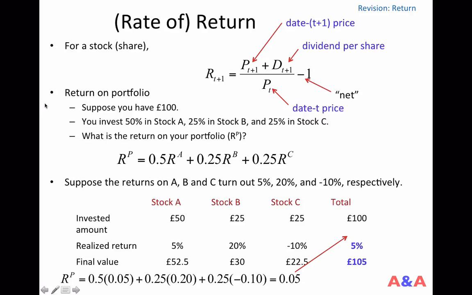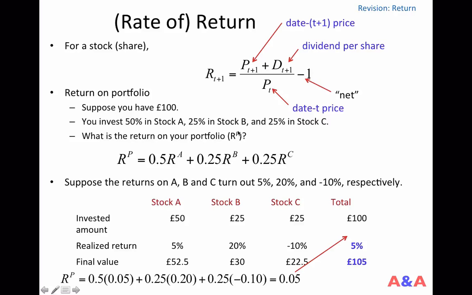Now, how can we compute return on a portfolio? Portfolio is composed of more than one asset. How can we compute a return on a portfolio? Suppose you have £100 and suppose you invest 50% of your money in stock A, 25% of your money in stock B, and the rest in stock C. What is the return on your portfolio?